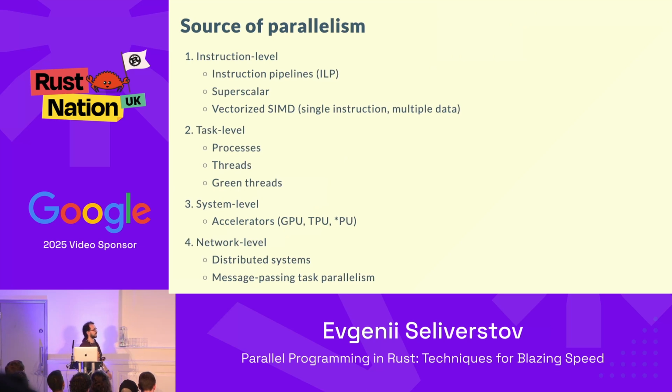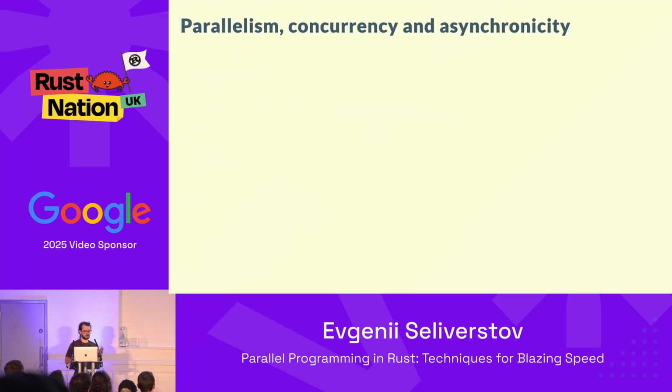At the system level, we can put an external accelerator near our system and run it on a GPU or on a TPU. And of course, we have distributed systems, so we can utilize message passing interfaces between different components on the host or even between hosts. So actually, we can extract parallelism on different levels.